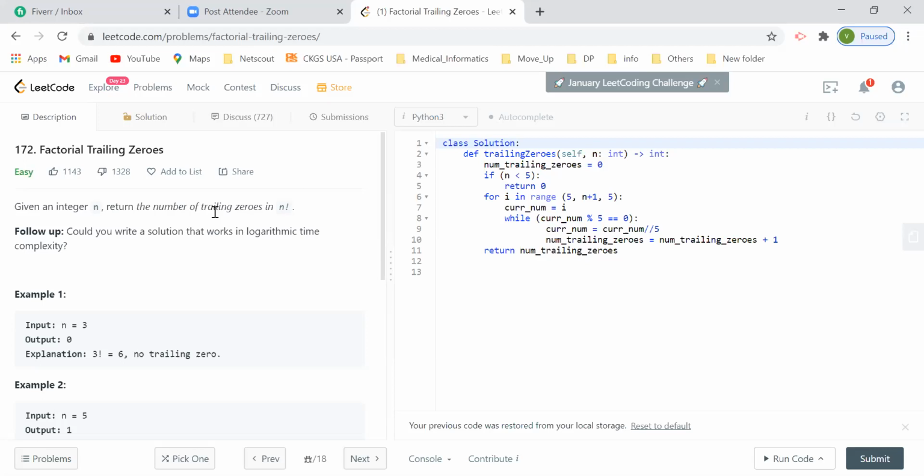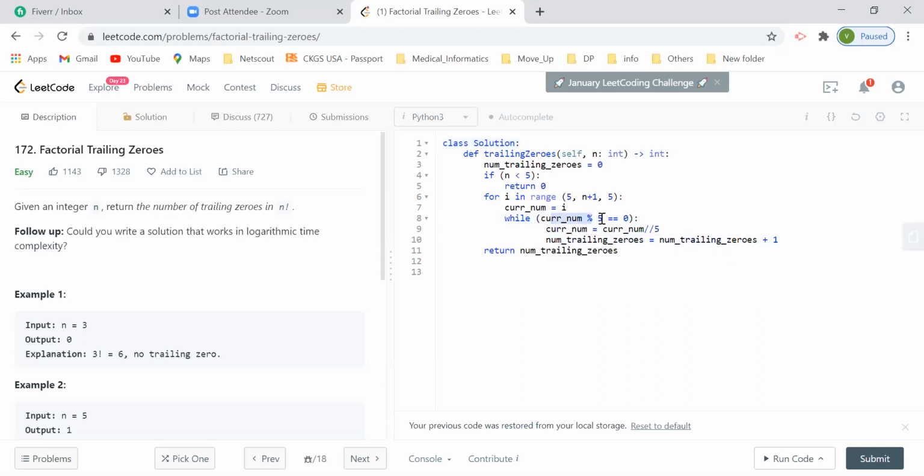So we are basically trying to find out the number of 5 factors. When you count the number of 5 factors, you will be able to find out the number of trailing zeros. That's the whole idea.